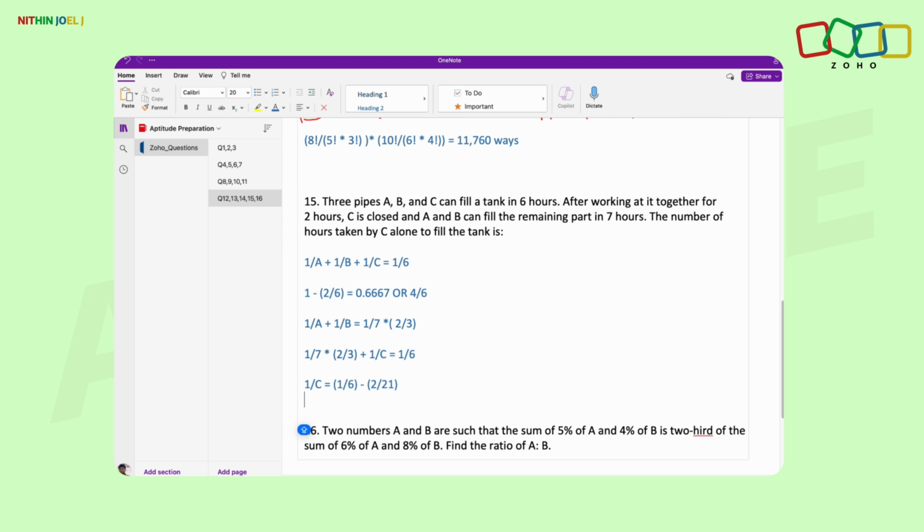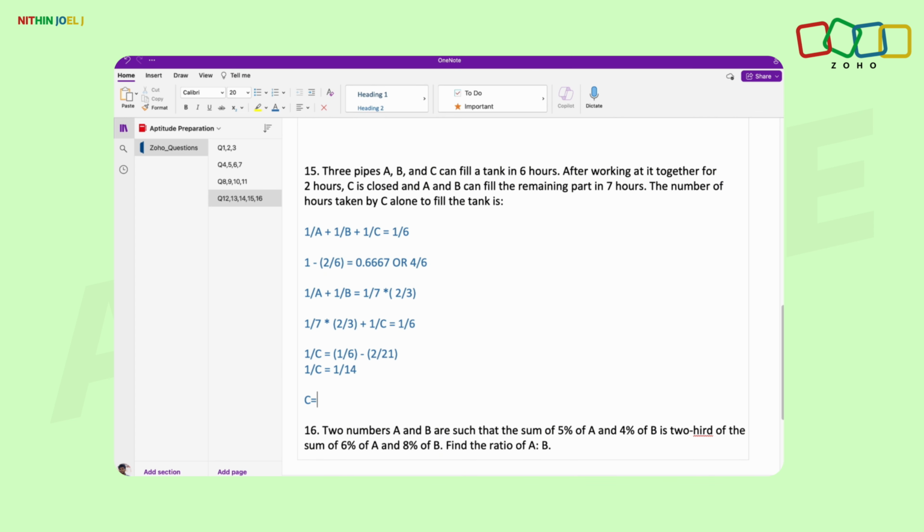If we solve this, we will get 1 by C is equal to 1 by 14. So C takes 14 hours to fill the tank. So if C alone is open, it takes 14 hours to fill the tank.